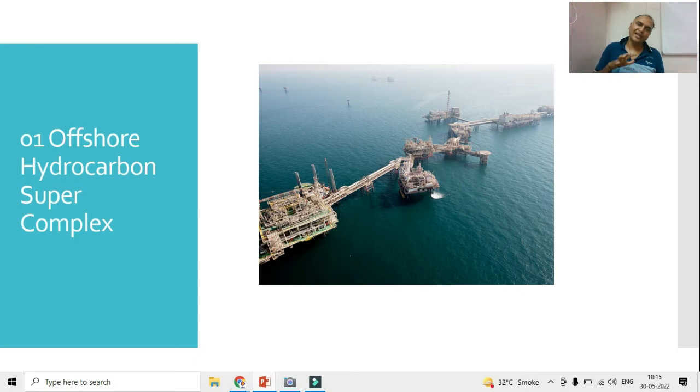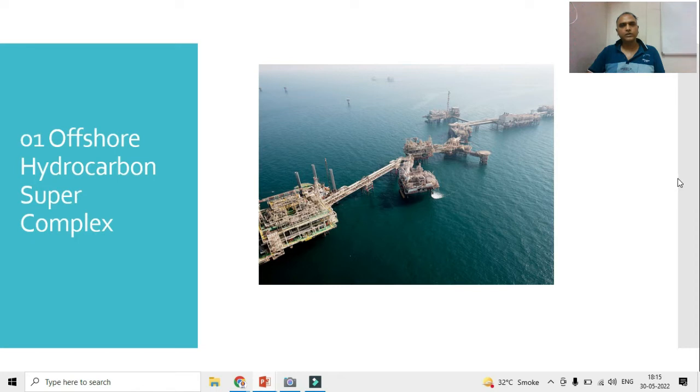So that is a kind of onshore within offshore, because they installed all the facilities like onshore, and that onshore was developed inside the sea, because the water depth was hardly 12 or 14 meters. So this is an offshore hydrocarbon super complex in shallow waters. In shallow water, this kind of facility is possible.